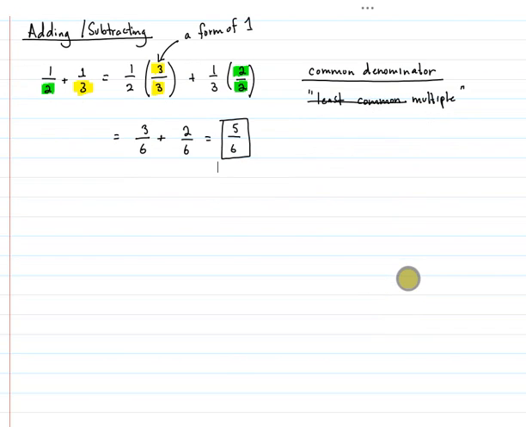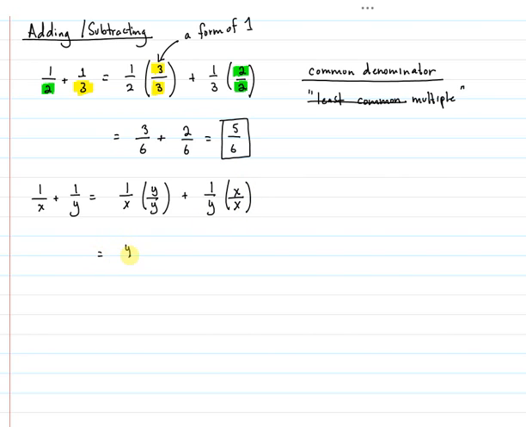It's not any different when you do it with algebra. If I have 1 over x plus 1 over y, I'm going to follow the exact same procedure. I'm going to write 1 over x times y over y plus 1 over y times x over x.